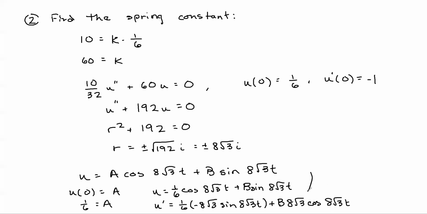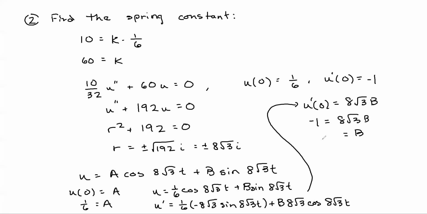And we'll have u prime of 0. If you plug in 0, that's going to kill this sine term, and cosine of 0 is 1, so we're going to get 8√3 B. And then we know that u prime of 0 equals -1, so we'll have -1 equals 8√3 B. And then B is equal to -1 over 8√3.